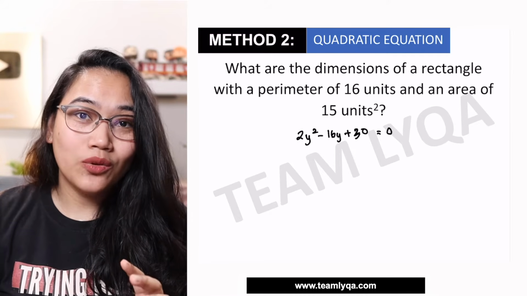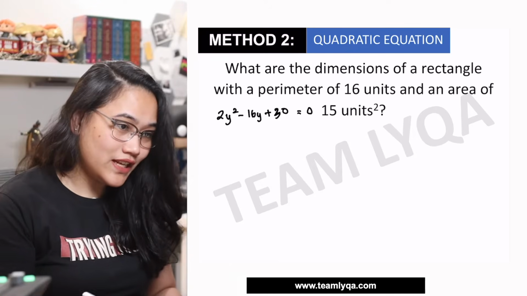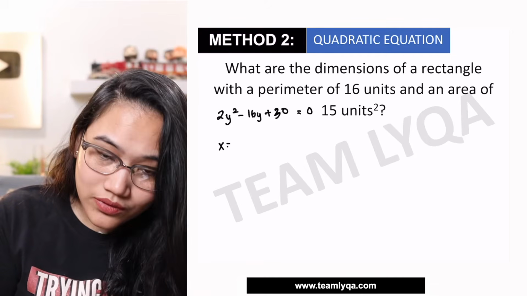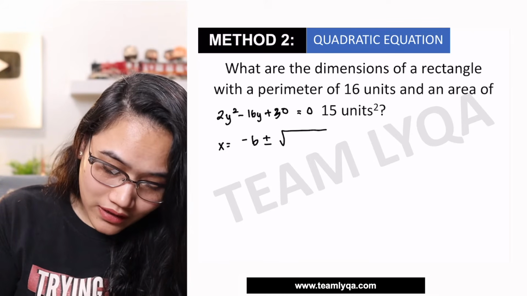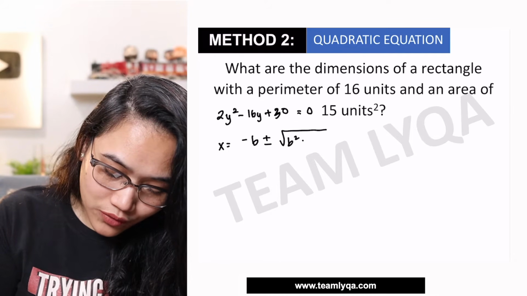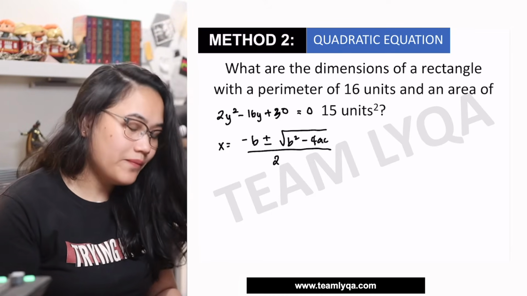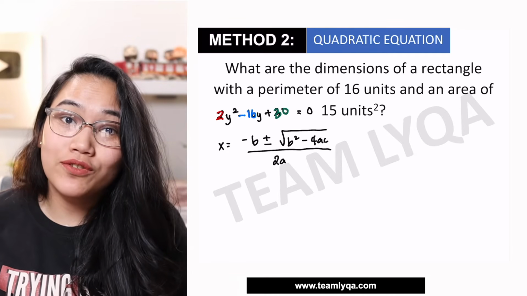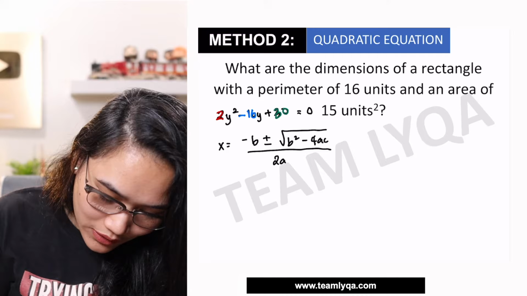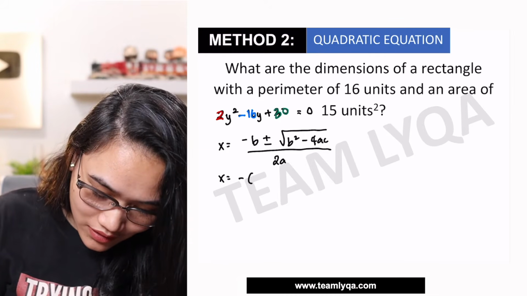But this time, we'll use the quadratic equation. What is the quadratic equation? Let's go back to that, no? And yes, we have a video on that. Now, the formula looks like this. X is equal to negative b plus or minus the square root of b squared minus 4ac all over 2a. Okay, so we'll just substitute the a, b, and c into our formula. So we have x is equal to negative b, so that is negative of the blue part.